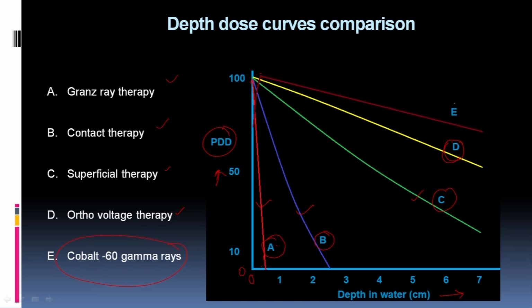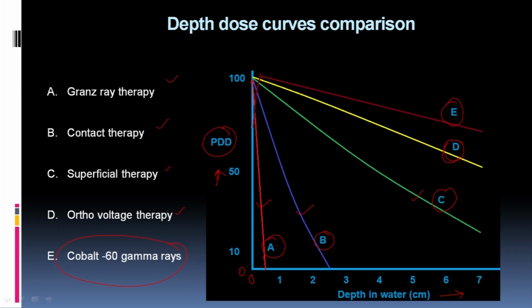Now if we compare E, which is the depth dose curve of cobalt 60 gamma radiations, you can see at the surface it has a percentage depth dose lesser than 100, and it increases up to 5 millimeters and reaches 100, and then this curve, the percentage depth dose, falls as we increase the depth in water.